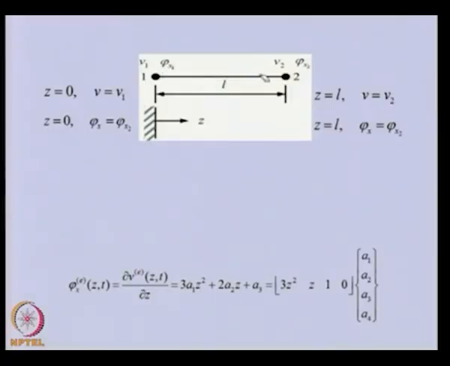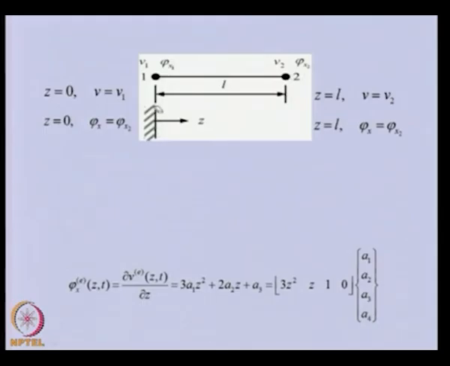This is a particular element which we have chosen. It has 2 nodes at 2 ends, and at each node we have 2 displacements. One is v, the translational displacement, and another is phi, which is the slope. So you can see there are 4 variables attached to this particular element.